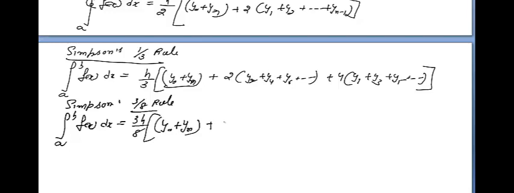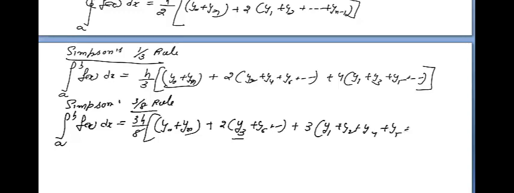Two times you will add only multiples of 3, meaning y3, y6 and so on, and all others 3 times. All others means y1, y2, y4, y5 and so on, excluding the first and last. I hope you understand this concept.